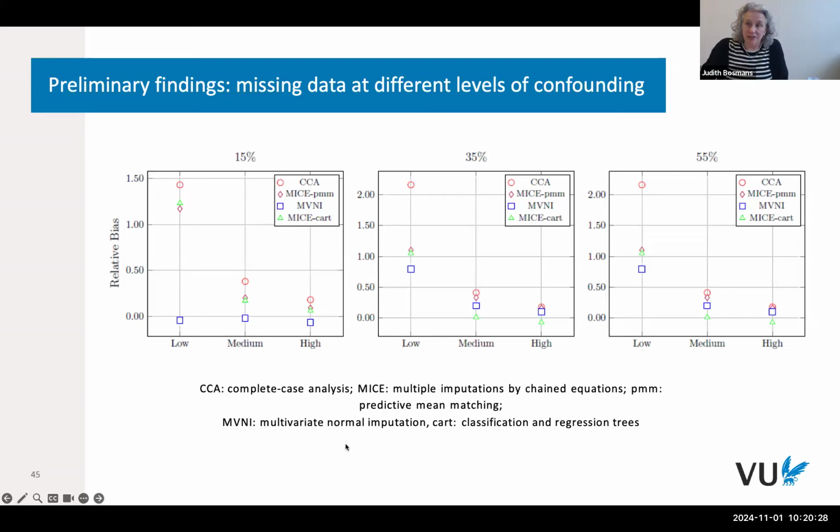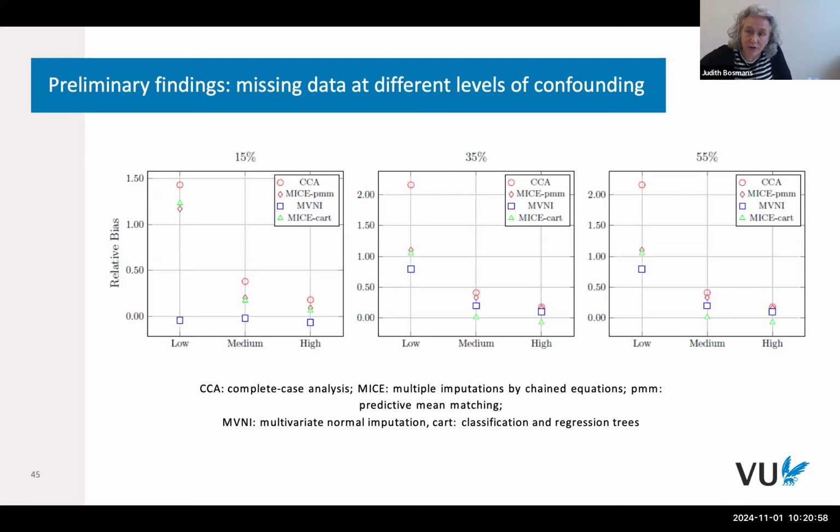And what you can see is that the 15%, 35%, 55% are the different rates of missing data, so 15% of missing data, 35% of missing data, or 55% of missing data. What you can see is that basically all methods went wrong with very high levels of missing data. The relative bias became more and more pronounced.